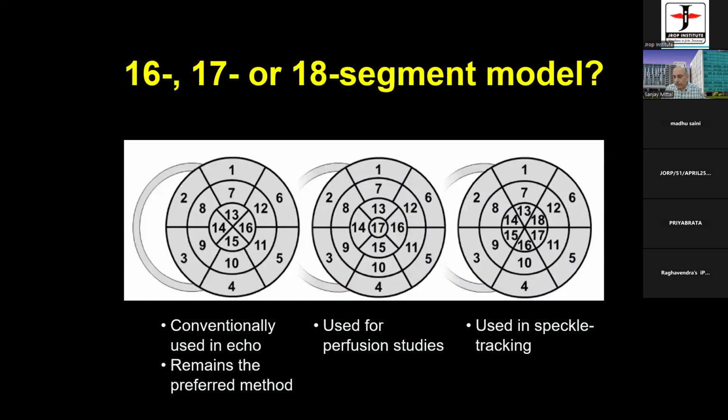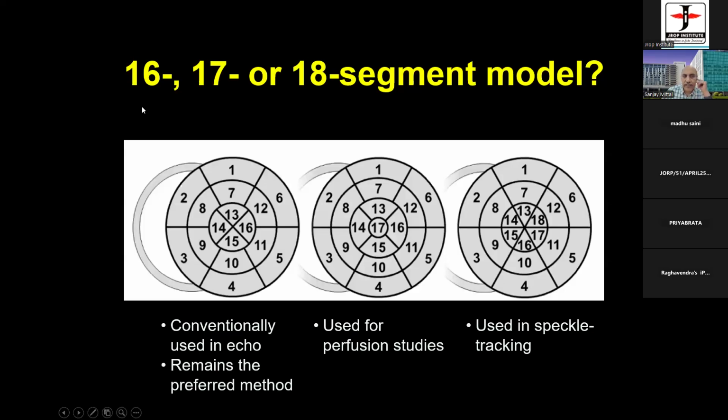Whenever we do the segmental wall motion analysis, we have to rank each and every segment of the ventricle, and I'm going to focus on the left ventricle itself. The whole length of the left ventricle is divided into three parts: the basal third, middle third, and apical third. Each circumference is further divided into six or four parts.